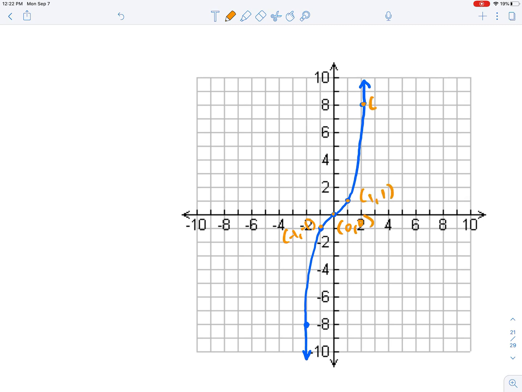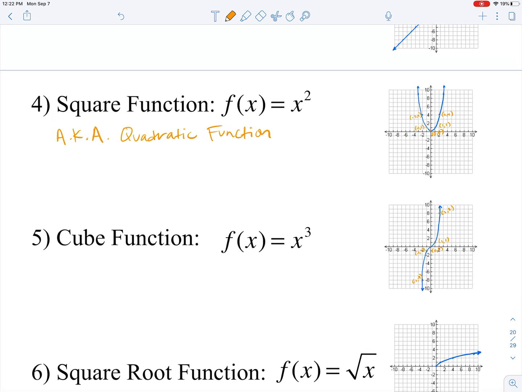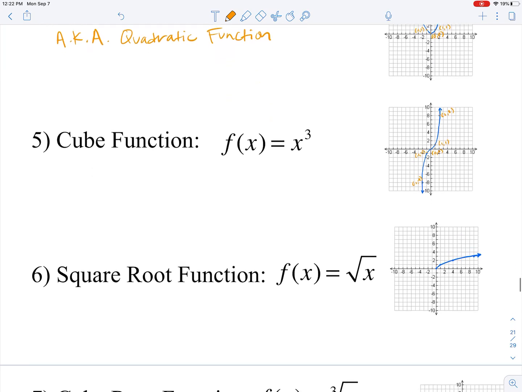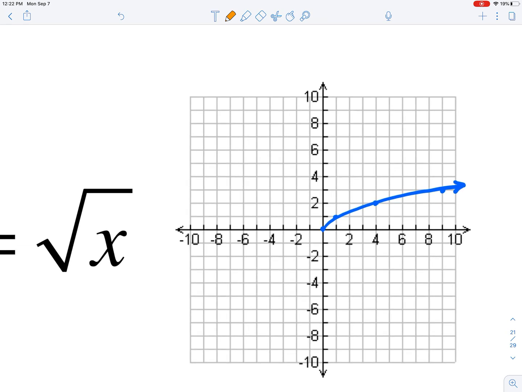And then it can also be helpful to know 2, 8, and -2, -8. Okay, so that's the cube function, or cubic function. The square root function.